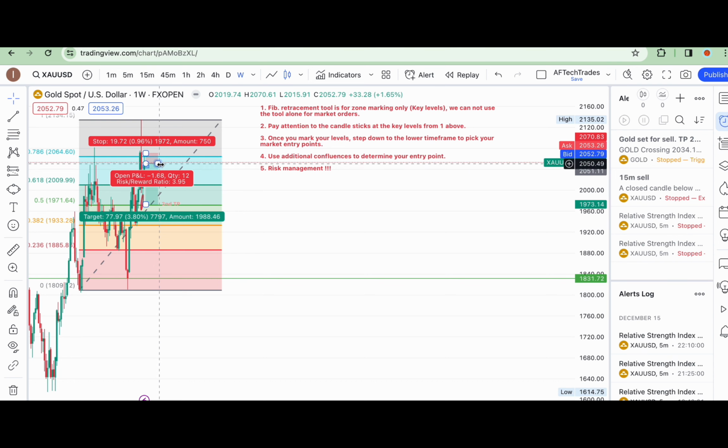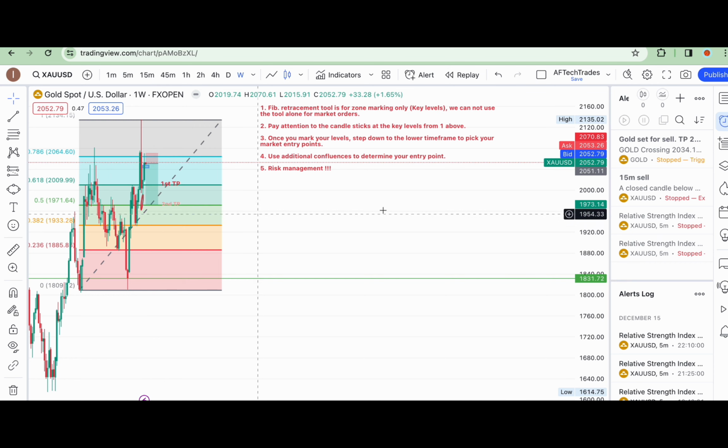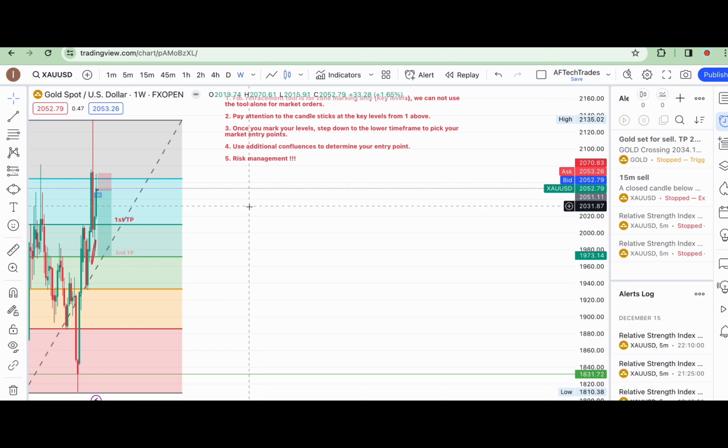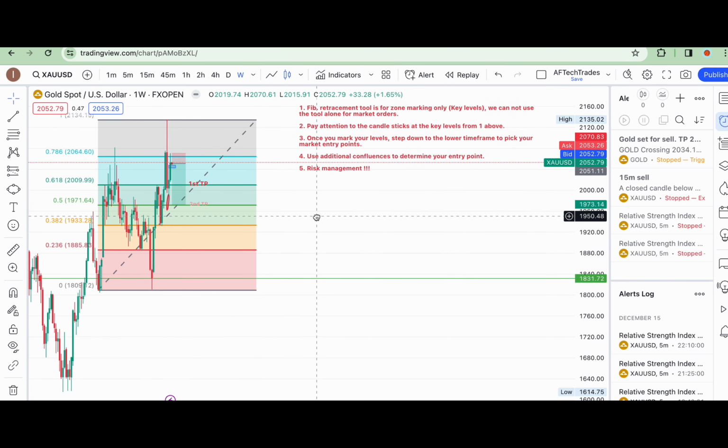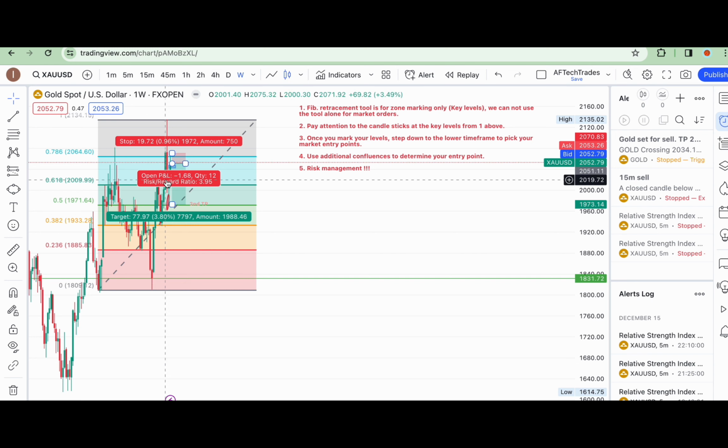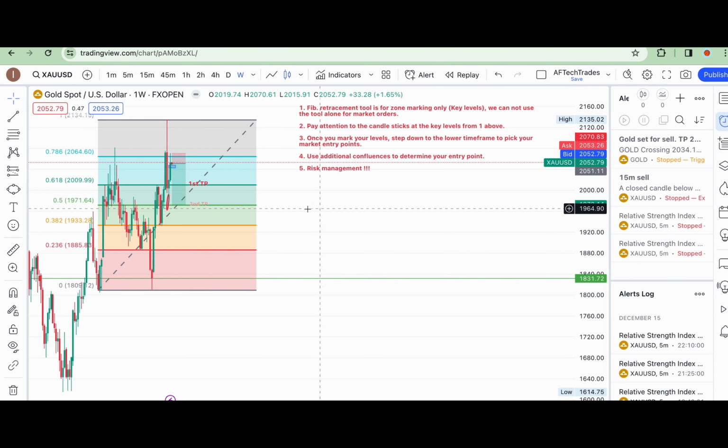15-minute time frame is showing me what is likely going to happen next. The candle patterns here also showed the opportunity, the gap opportunity that I had to close. That's checking from the lower time frame. The additional confluence we use here is the engulfing candle.